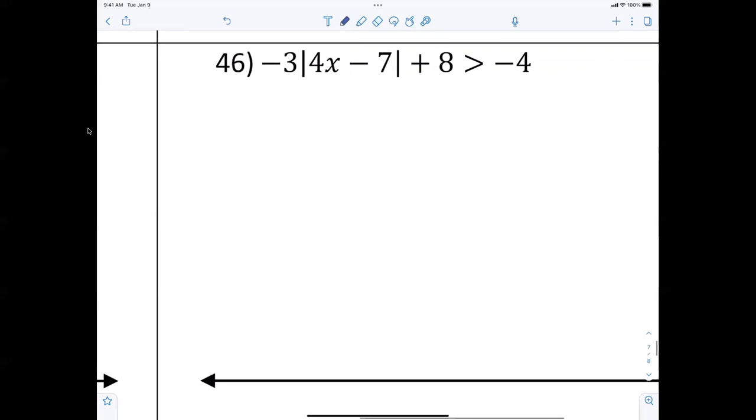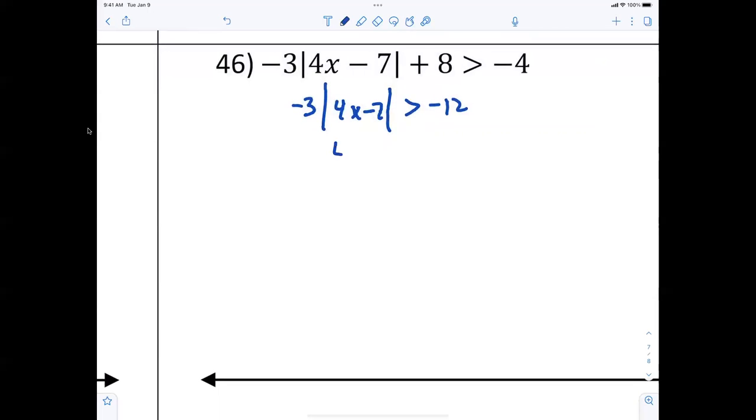So negative 3, absolute value, 4x minus 7, greater than negative 12. Dividing by negative 3 causes what? Yes, absolute value of 4x minus 7 is less than 4.